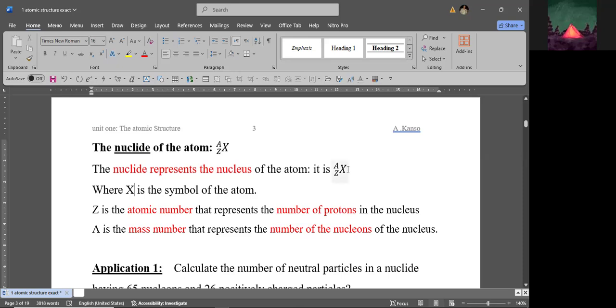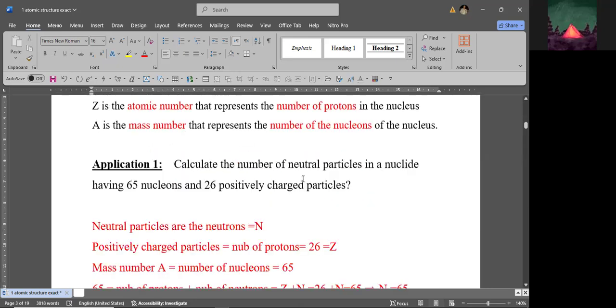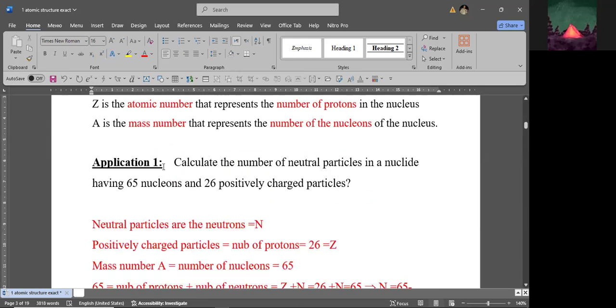If I give you the symbol, the nuclide of the atom or of the nucleus, you can determine the number of protons in this atom, you can determine the nucleons number, and you can determine the number of neutrons. First application, very simple.